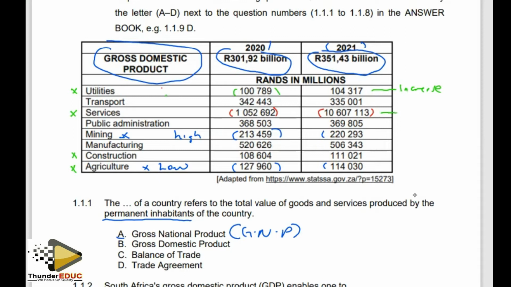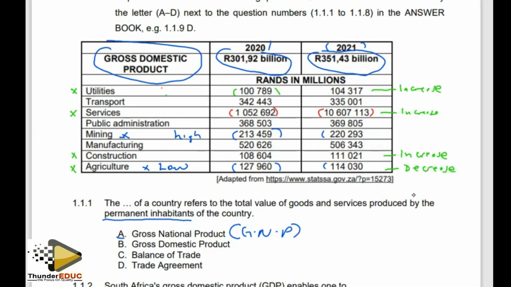So also here there was an increase. Then construction, which says it was from 108 to 111. Also here there is an increase. Then agriculture, 127 to 114. So here there was a decrease.